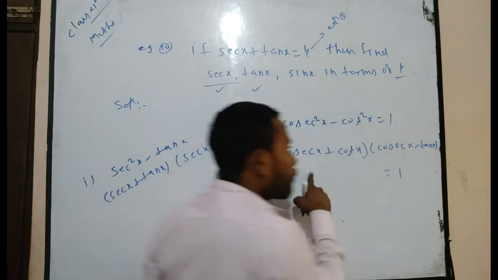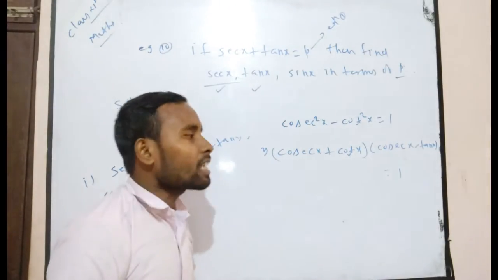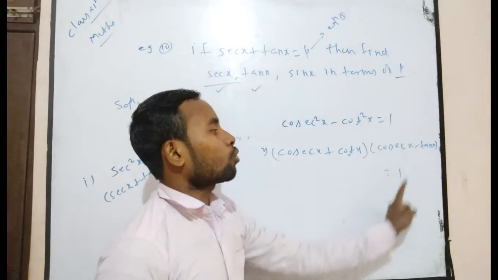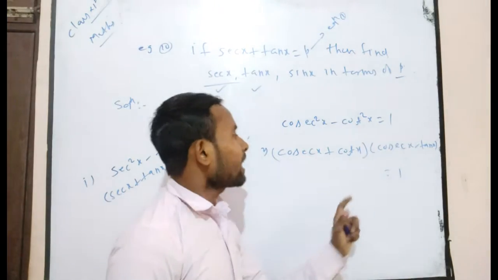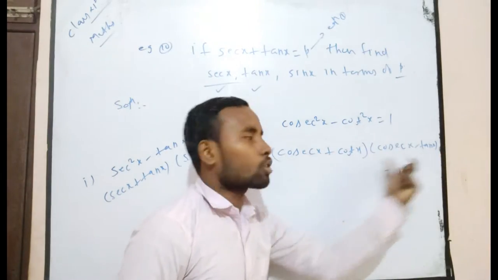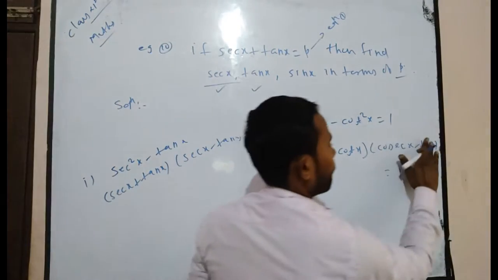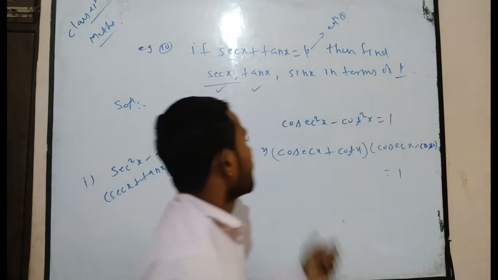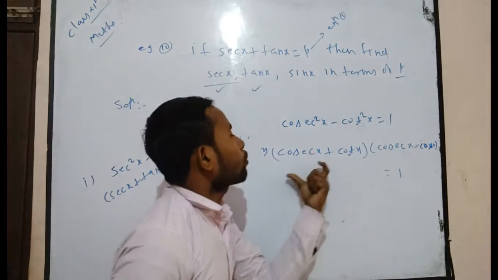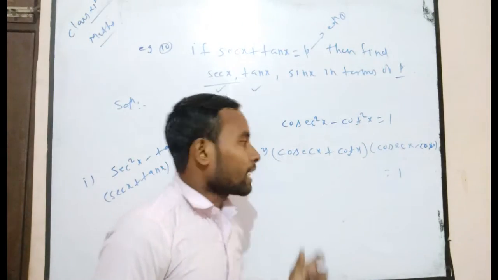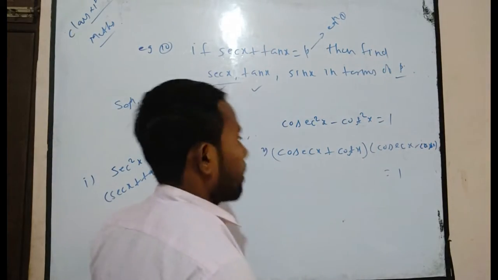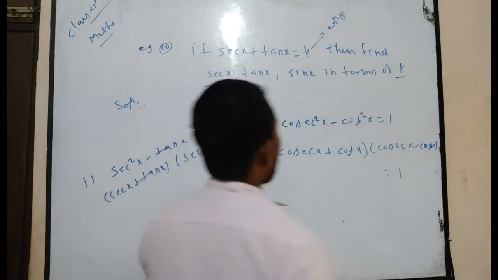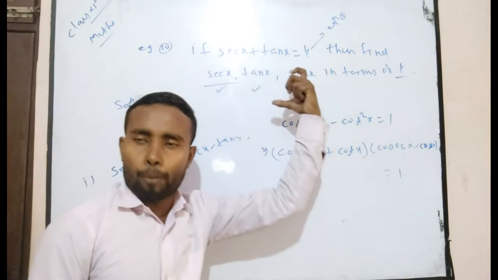That will be 1. So from this equation, you can also say here cosec x plus cot x is equal to 1 upon cosec x minus cot x, and cosec x minus cot x is equal to 1 upon cosec x plus cot x. You have to remember both formulae in this way.